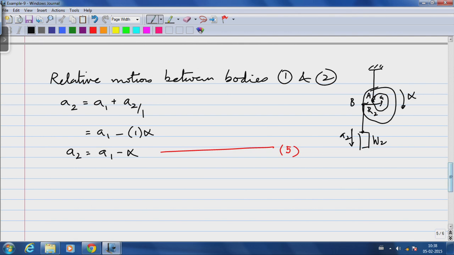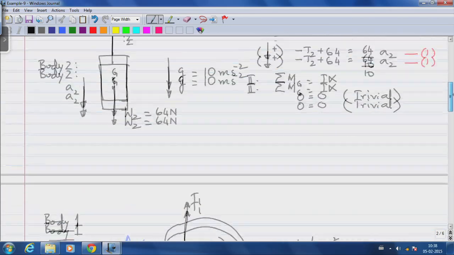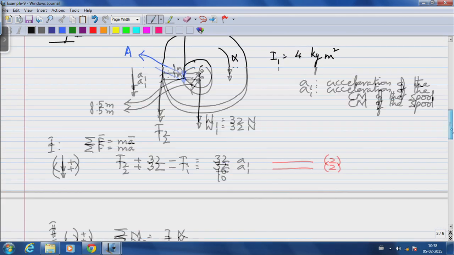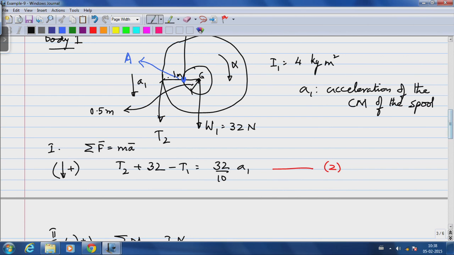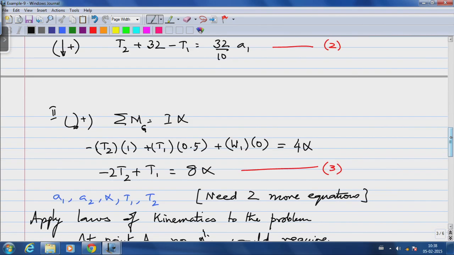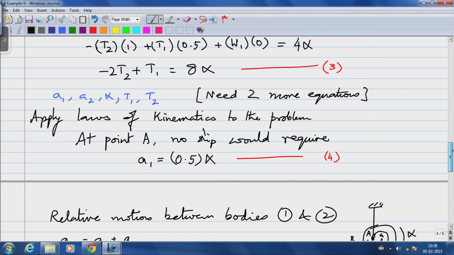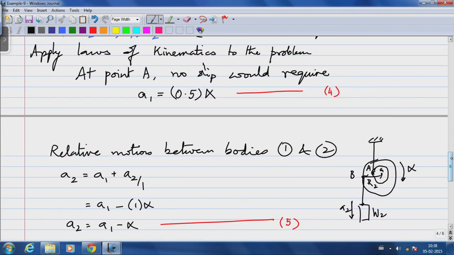So, if we go back, we will quickly recap. We have equation 1 that came from applying Euler's first law to body 2, equation 2 which came from applying Euler's first law to the spool or body 1, equation 3 came from applying Euler's second law to body 1, which is our spool, and the last two equations came from relating the angular acceleration of the spool to the linear accelerations A1 and A2 of bodies 1 and 2.